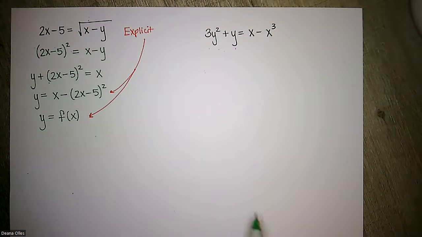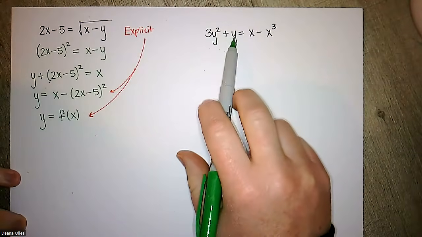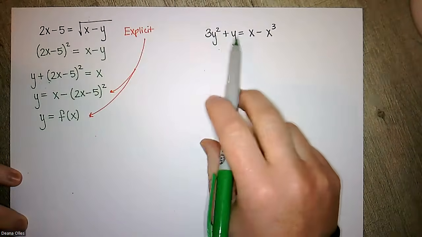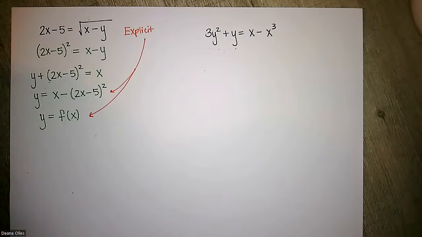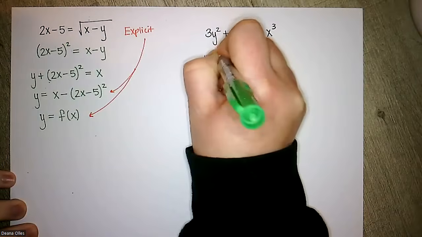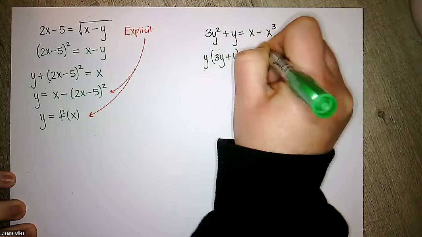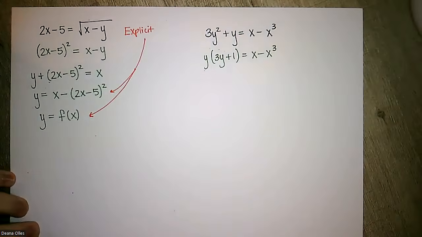Okay, this one's a little tricky. There's not much I can do here, and here's the reason for it. I have y squared and y to the first. So because I have y to 2 separate powers, nothing algebraically that I do is going to allow me to isolate the y. All right, because even if I factor the y out, right, I still see him twice.